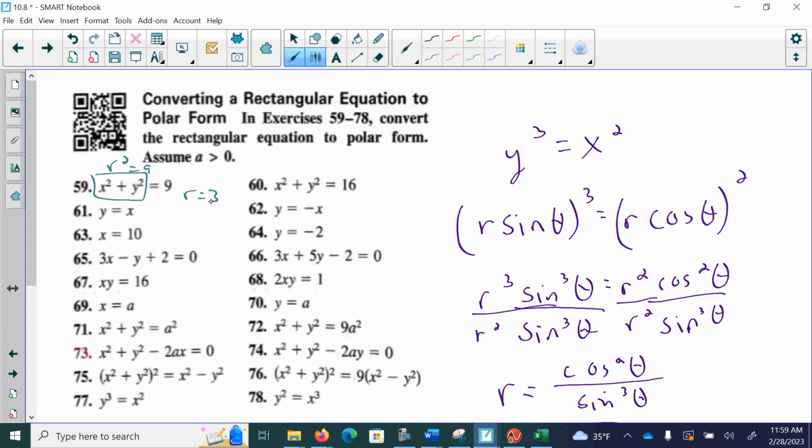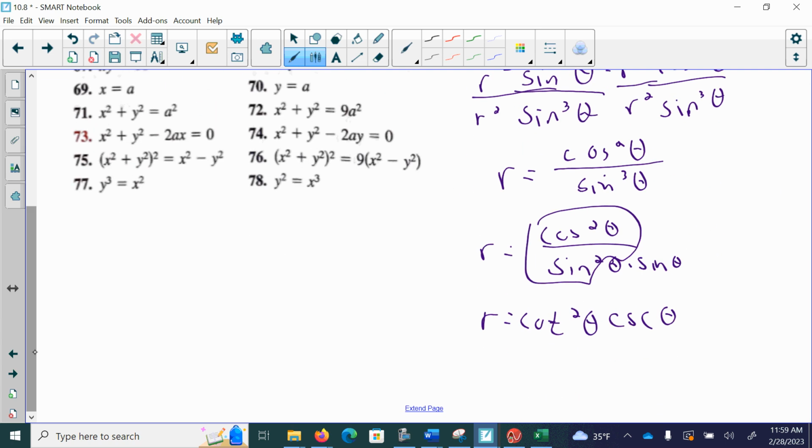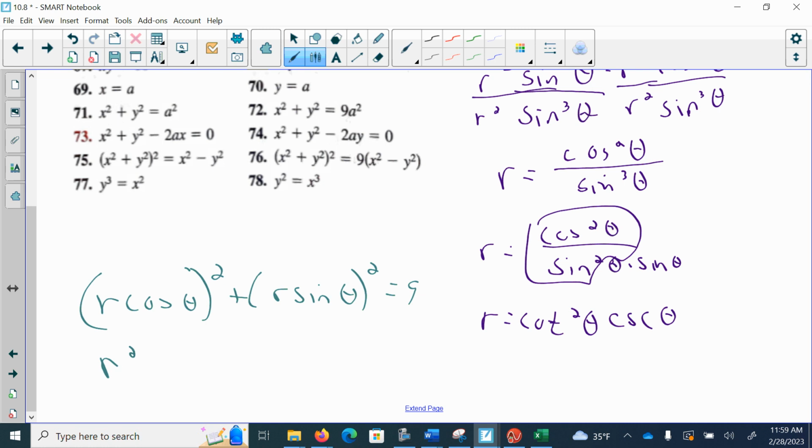I kept trying to write it out as r times cosine squared, and I kept getting 2r squared. You tried making this r cosine. I can make life hard. Yes, plus r sine theta squared is equal to 9. So then you agree that this is r squared times cosine squared theta plus r squared sine squared theta is equal to 9.